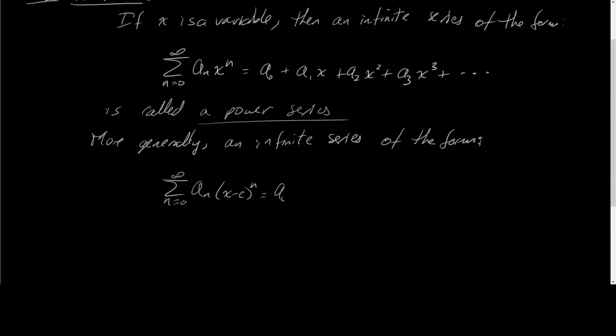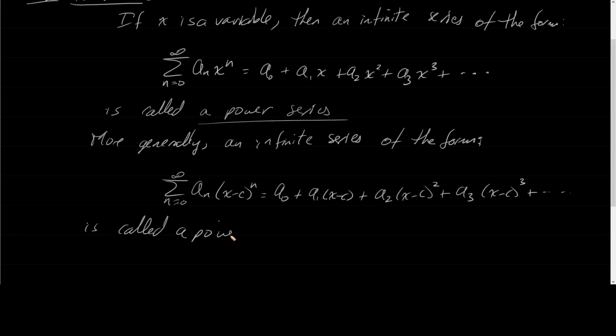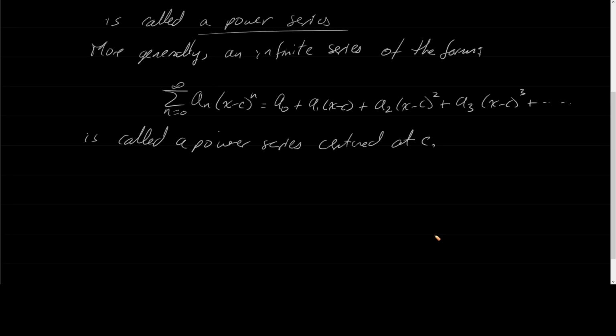In this case, it would be a naught plus a sub 1 times x minus c plus a sub 2 times x minus c squared, so on and so forth, a sub 3 x minus c cubed, whatever. So that's called a power series centered at c. And here c is a constant.